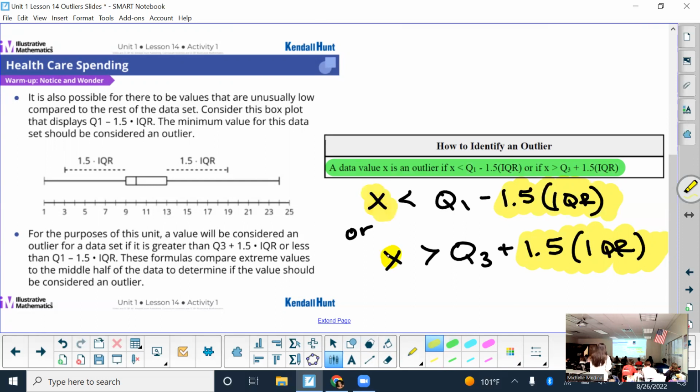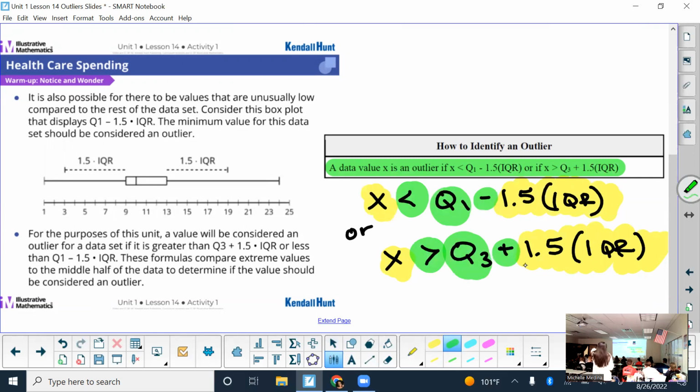So that's what they have in common. What do they have that's different from each other? Camille, yeah? The fact that there's a Q1 in one of them and a Q3 in the other one. And which signs are you talking about? Greater than and less than, and then of course this last piece, one has a minus sign, one has a plus. So these formulas I think make it super easy.